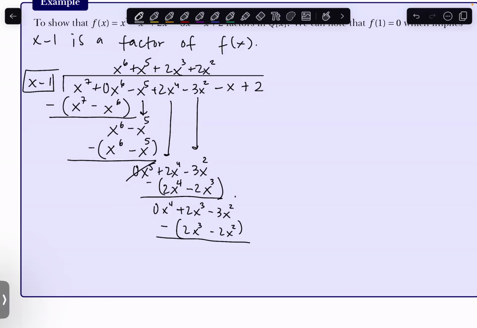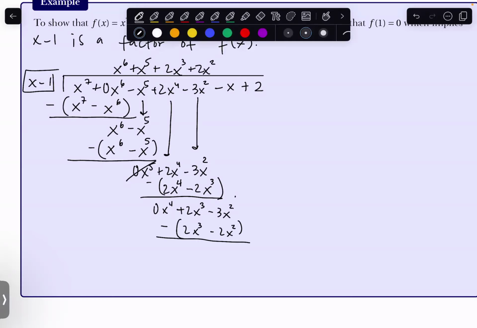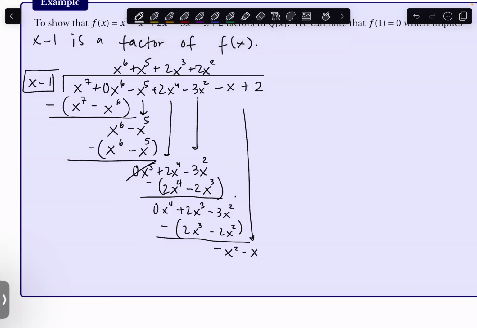And now this will end up being addition because I'm subtracting a negative. So I'll get a negative x squared here. Okay, we're almost done. I can bring my minus x. Okay, and here I'm going to multiply by a minus x to give you minus x squared plus x.